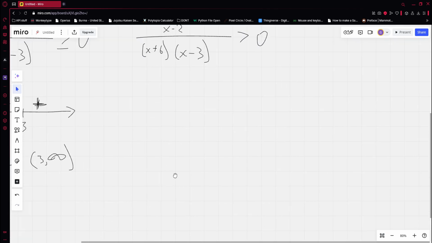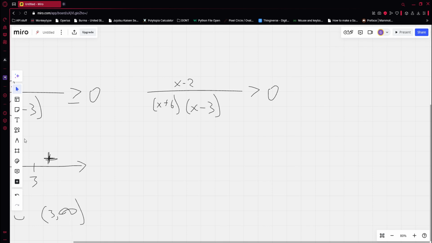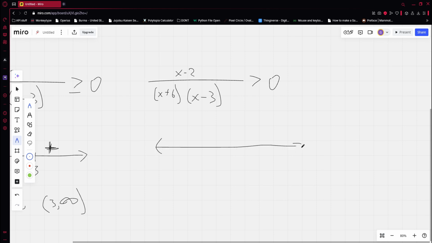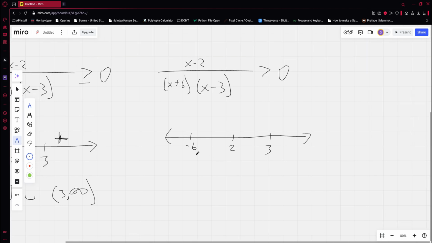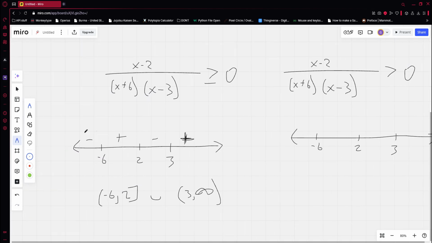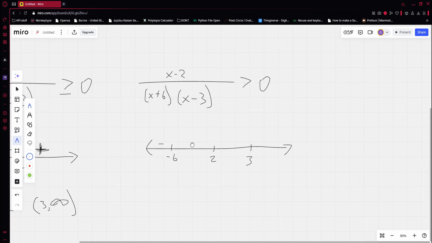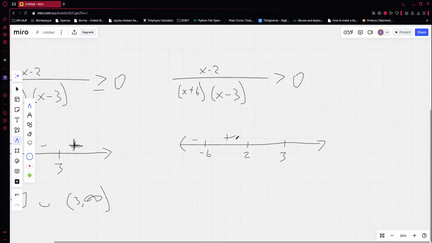Right? Let's go to the second situation here, right? Where we are just greater than 0. We're going to do the same thing as before. We're going to go -6, 2, 3, and then we already know that we start negative because we did that work before. And then really we just copy this.